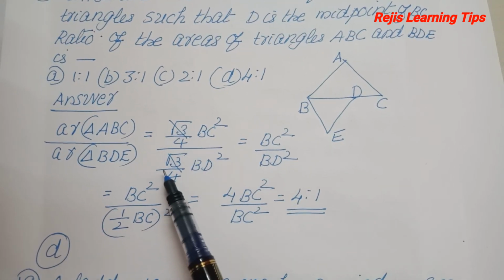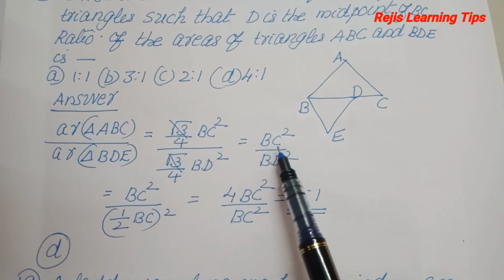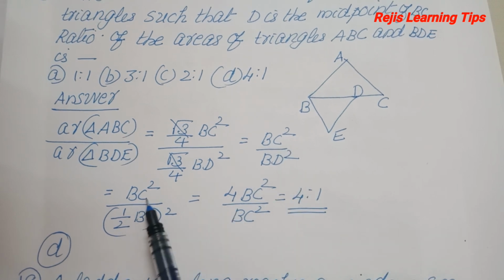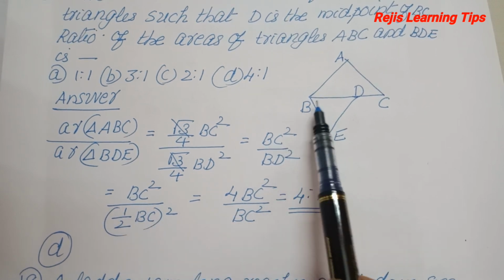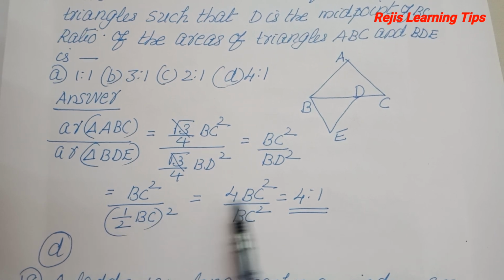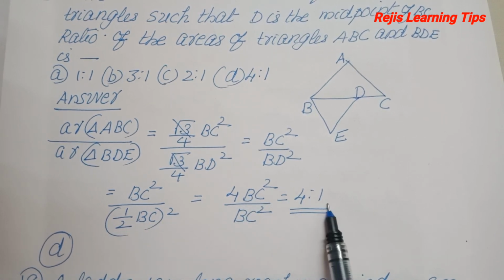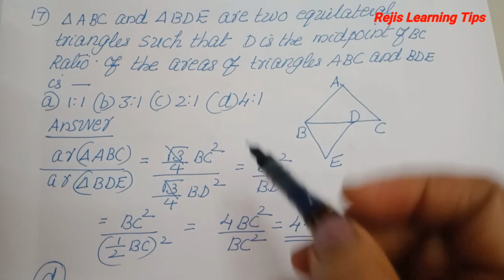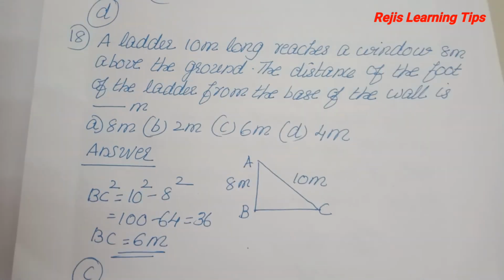We can cancel root 3 by 4. Then BC square by BD square. BD is half of BC, so half of BC square. That means 4 BC square by BC square, that is equal to 4:1. So our option is D.